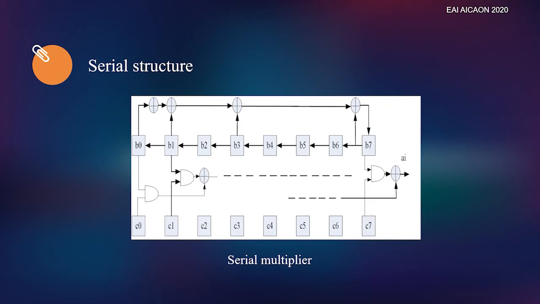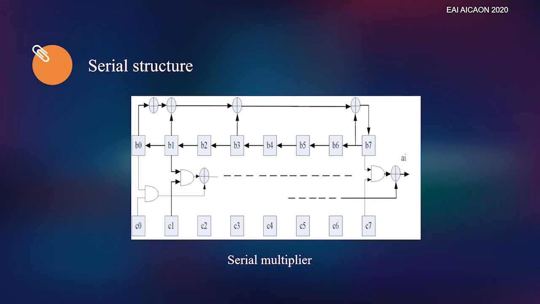In this picture, we can see the hardware structure of the serial multiplier represented by Berlekamp, described in Figure 1. The structure adopts the form of parallel input and serial output. Each clock cycle outputs one bit of the product data. It takes 8 cycles to calculate a multiplication. The working principle of the circuit in this picture is analyzed.